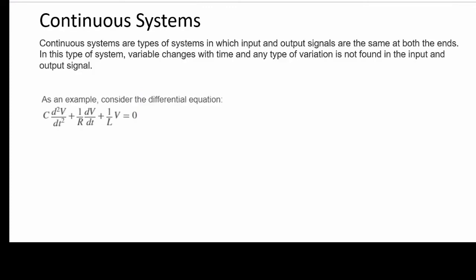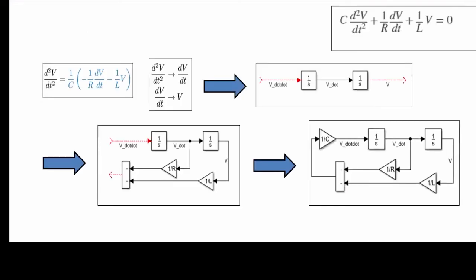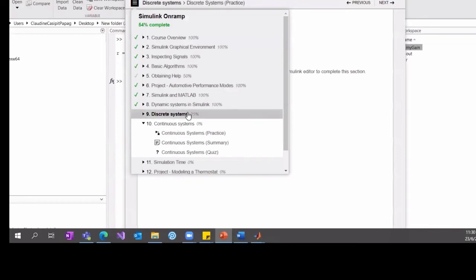To represent a variable or value changing with time, we do integration. So in here, instead of using the delay, we're going to use the integrator block. This is how it could be applied. This is just an example. So I'll show it to you here so we can go faster. Practice.